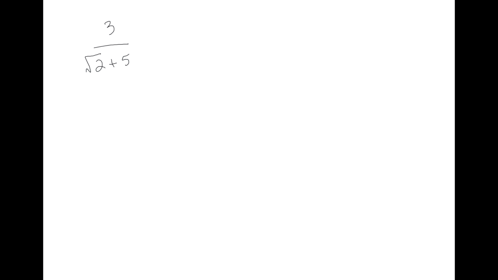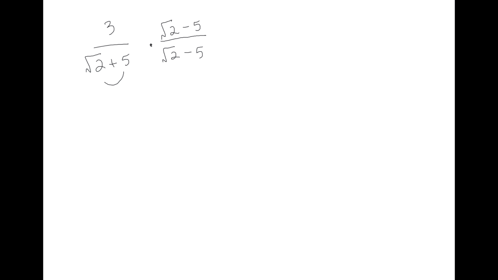So the way you get rid of it is, when it has two terms like this, you multiply by the same terms and the opposite sign over the same terms and the opposite. So that this is one, it doesn't do anything to the value of the equation. And you'll see, it actually lets you pop out that square root.